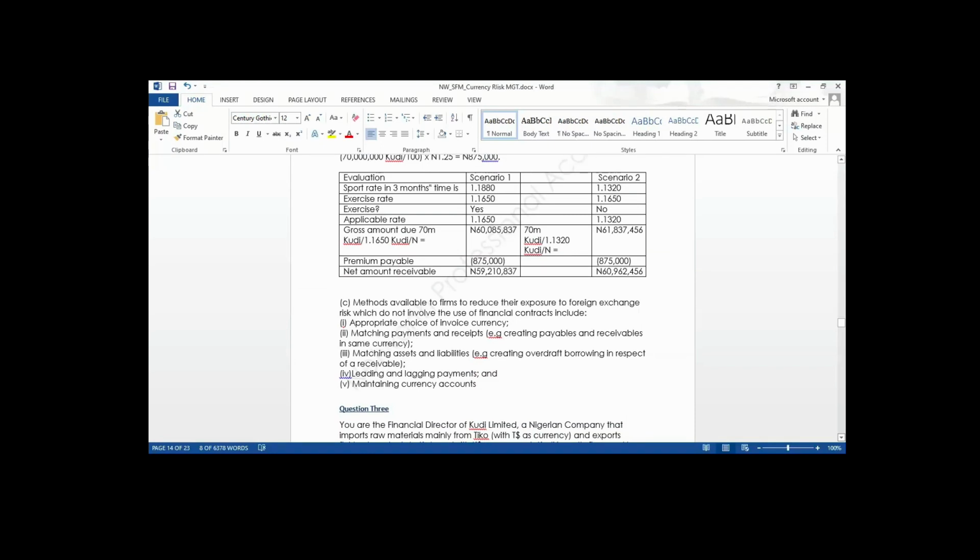PZ is leaving Nigeria after 140 years. After 140 years in Nigeria, you can see the effect of economic risk.